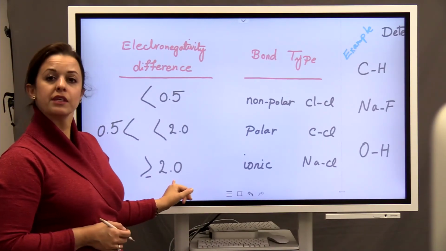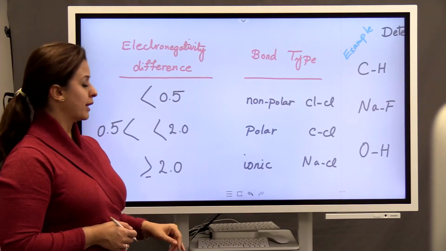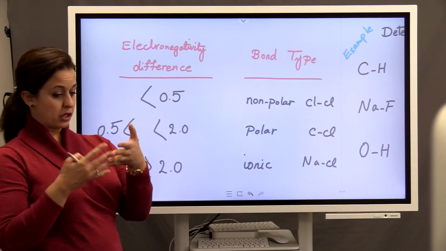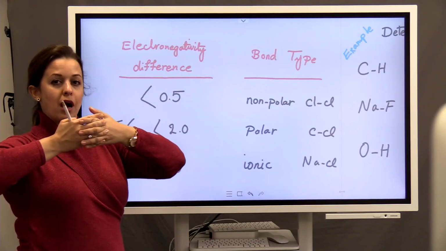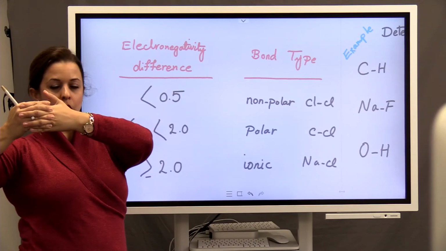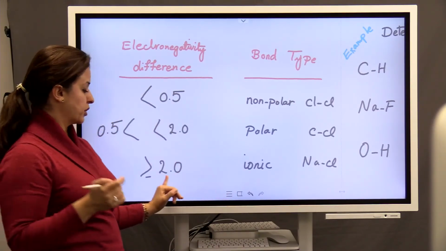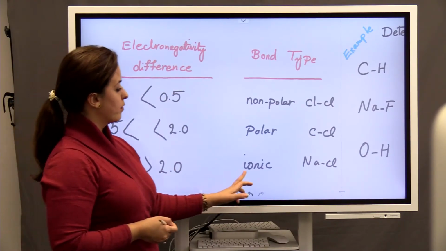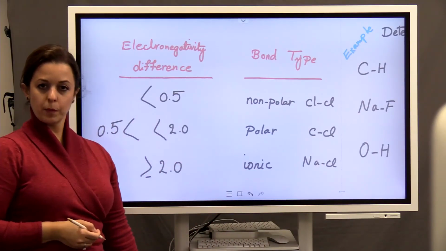And finally, if this electronegativity value is equal to or more than 2, the bond is not covalent anymore, meaning the atoms cannot share the electrons. We said it's the rope pulling contest, right? This is nonpolar, this is polar, and then finally they separate from each other if the electronegativity difference is too high. So instead of a covalent bond, we will have an ionic bond like NaCl.